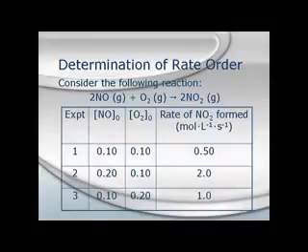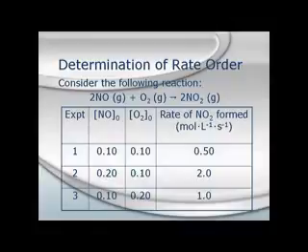And what we're going to do when we want to find what the rate order is for a particular reaction, we want to look at 2 experiments where the concentration changes for that reactant and the concentration of the other reactant does not change. So for instance, as I'm looking at nitrogen monoxide, it changes in concentration from experiment 1 to experiment 2, but the oxygen stays the same at 0.1 moles per liter for both. And then if you look at the rate of nitrogen dioxide formed, you'll see that that rate changes as well.